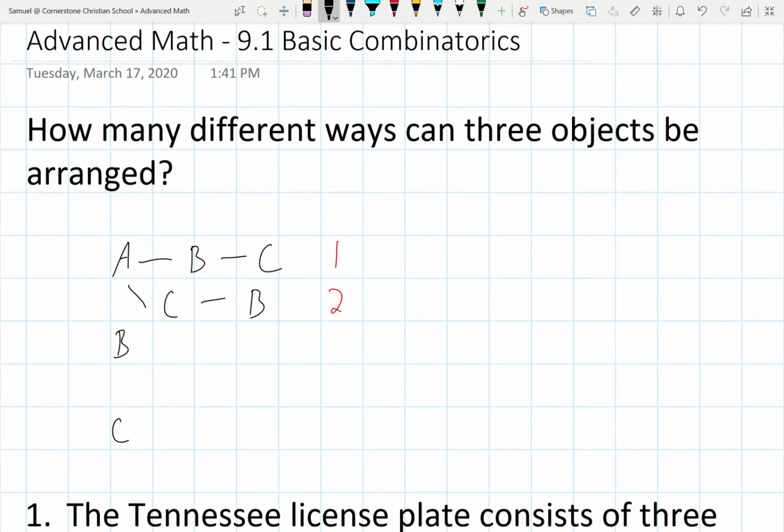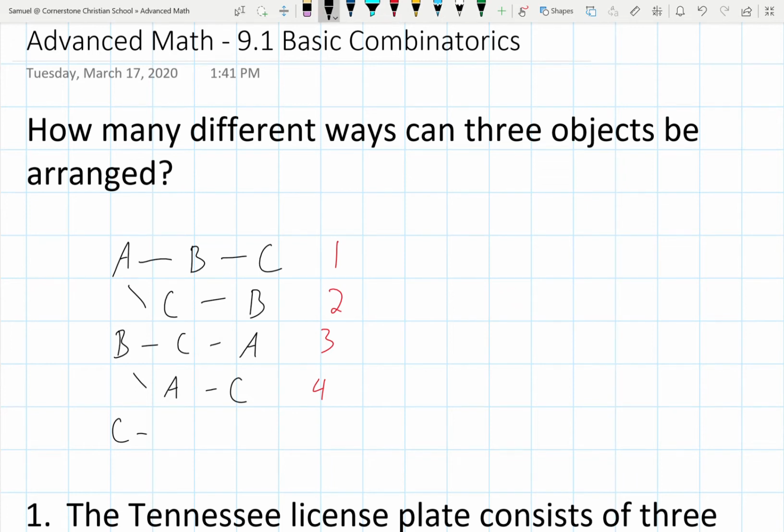One way is ABC, one way is ACB. If I start with B, I could choose C and then A, or I can choose A and then C. And so this is two more ways that we are able to arrange these three objects.